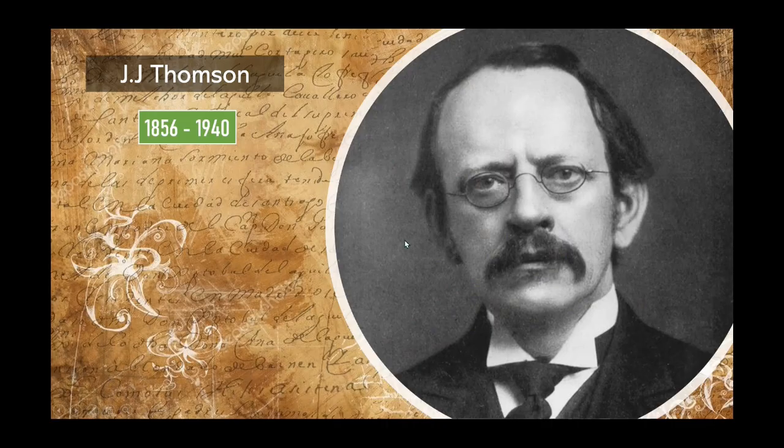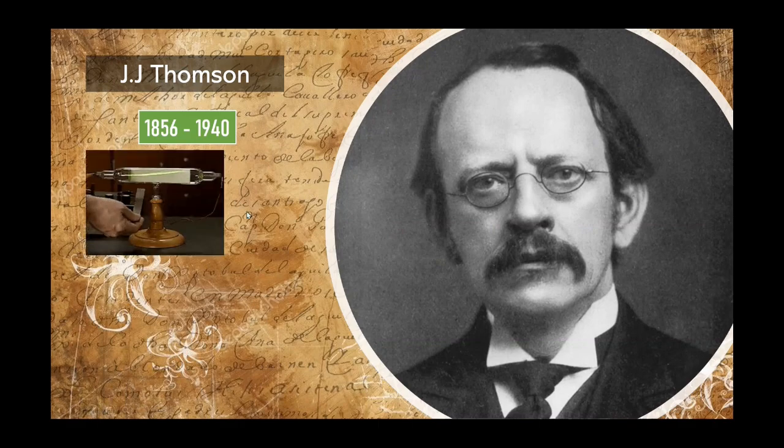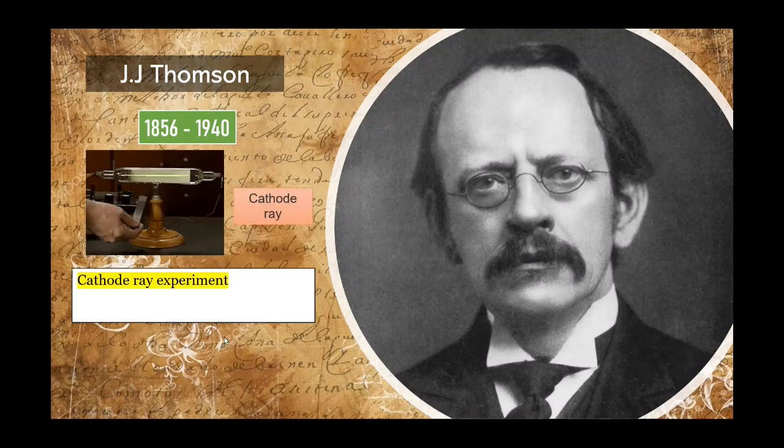Okay, so we know in our previous lesson that J.J. Thomson discovered the electron through his cathode ray experiment. So as we know, in this ray, you can observe that there is a repulsion that is happening. So he concluded that this repulsion happens because there is a negative charge inside of this ray. So he discovered the electron.